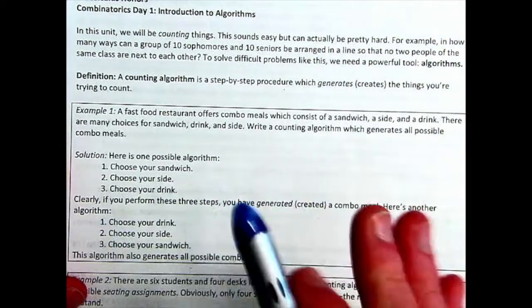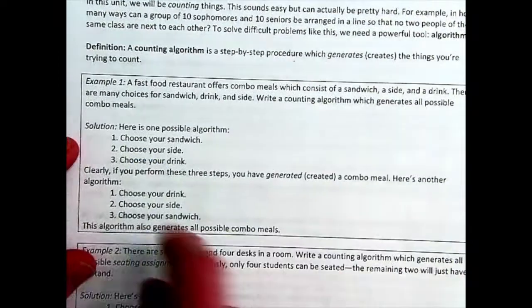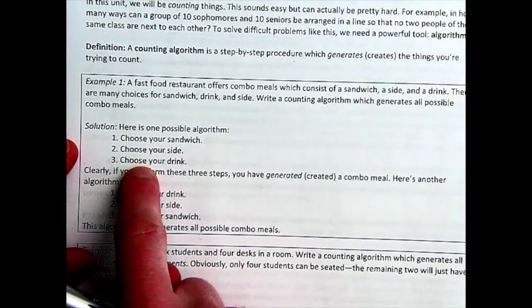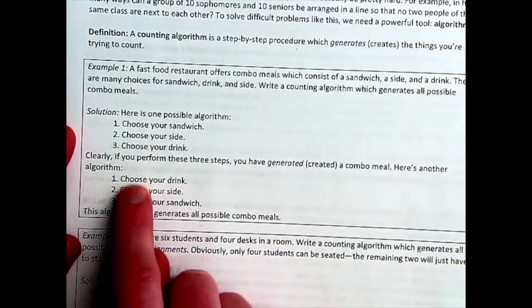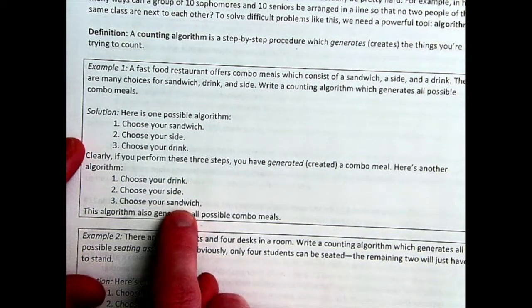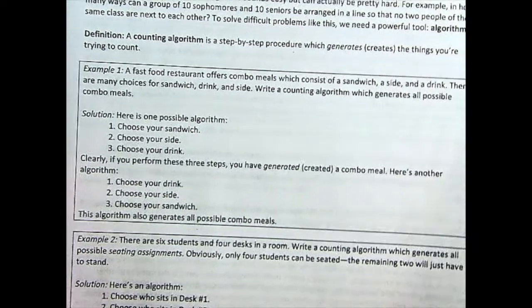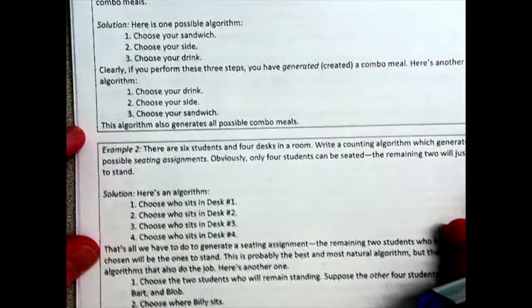As I said, we're not really counting anything today, just writing algorithms, so that's the end of the problem. Just a quick note, this is not the only algorithm, right? Here's a different algorithm. You could instead, step 1, choose your drink. Step 2, choose your side. Step 3, choose your sandwich. It's a very similar algorithm, but it's technically different, right? That would also work.